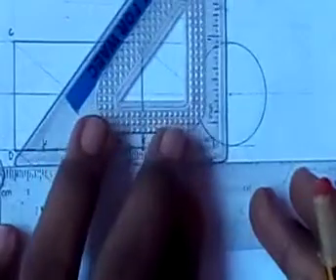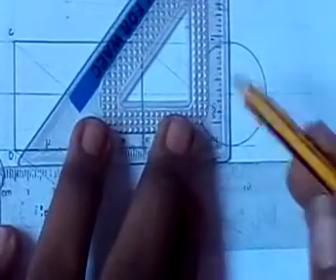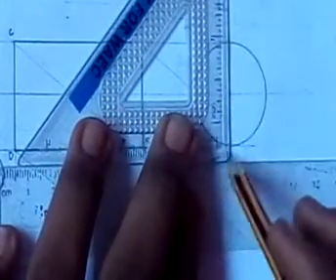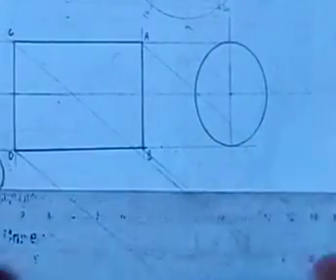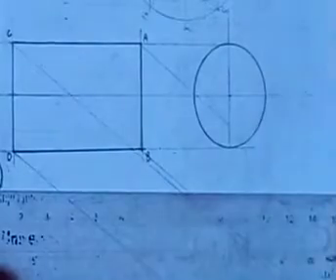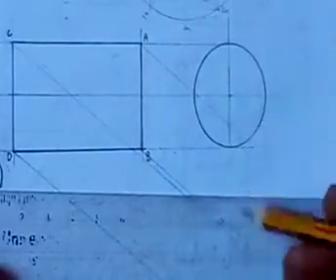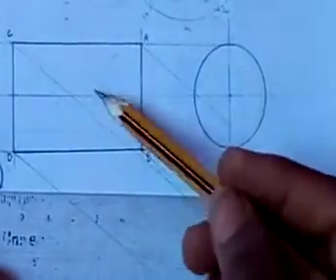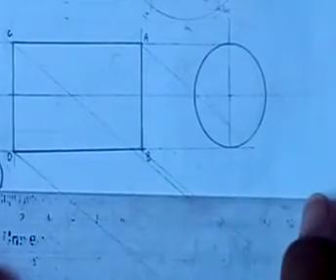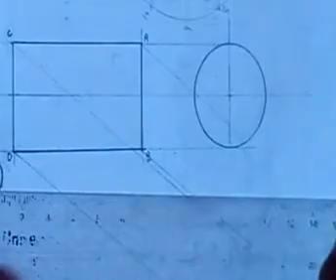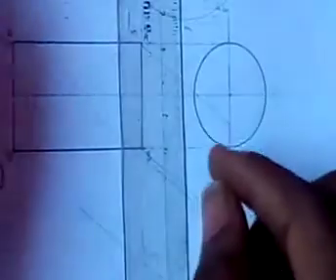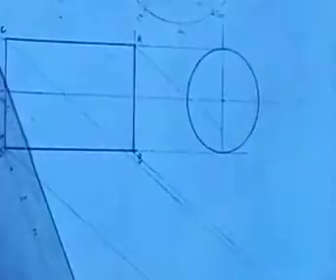Remember, this is the front elevation and this is the end elevation. So divide this into an even number of equal parts and project horizontal lines to the front elevation.